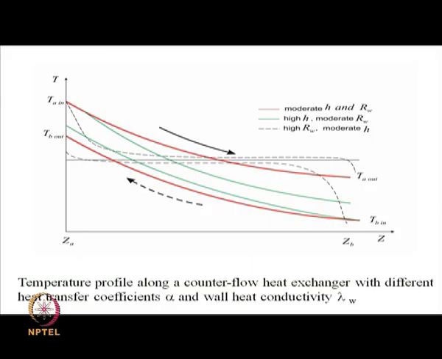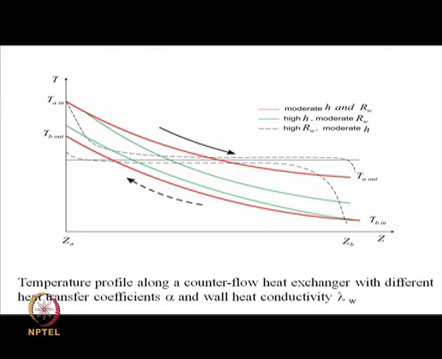So, this picture essentially shows us the effect of heat transfer coefficients and wall thermal conductivity. The bold one is what we commonly see in macro devices, and the dashed one is the intermediate.